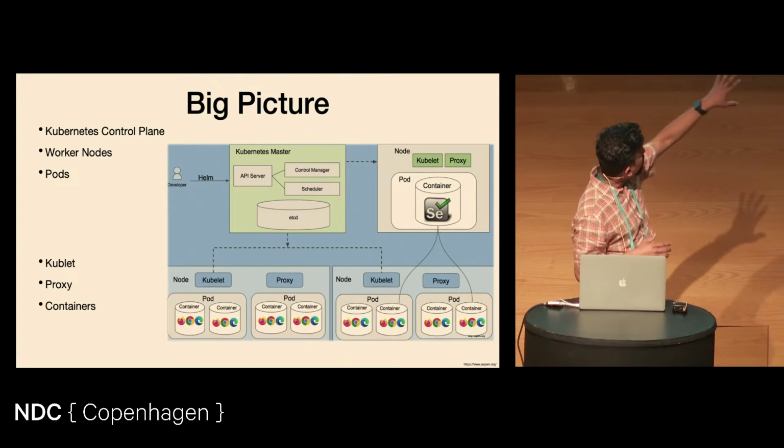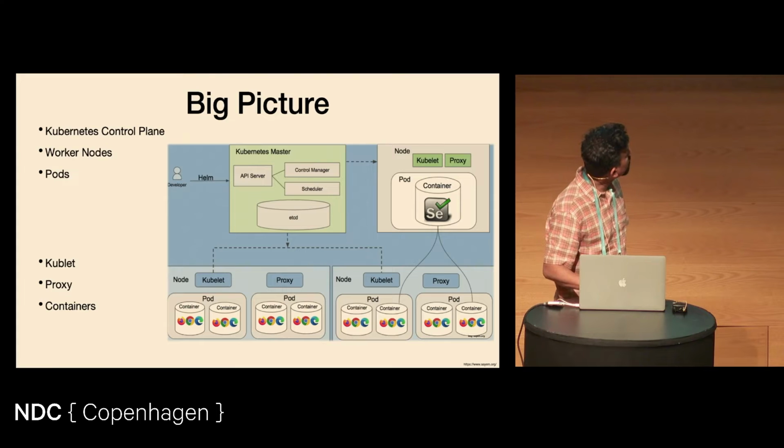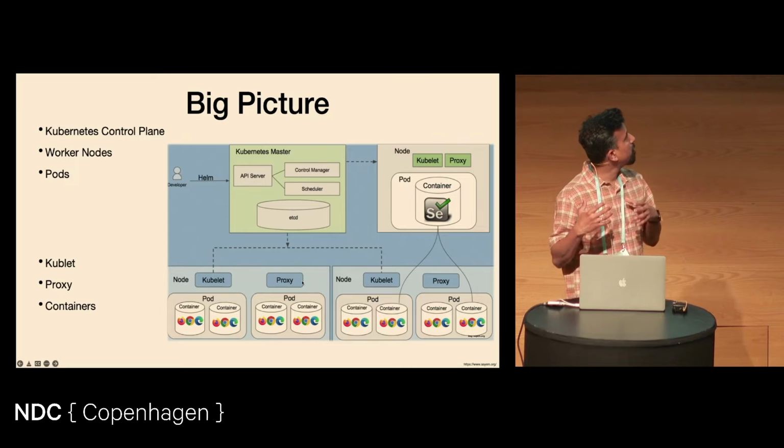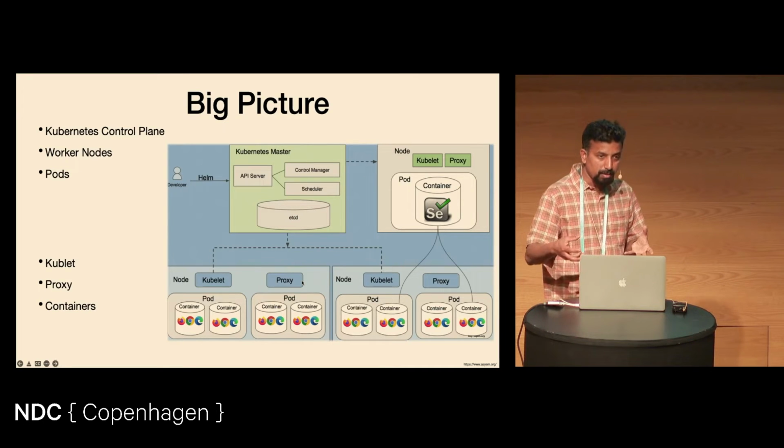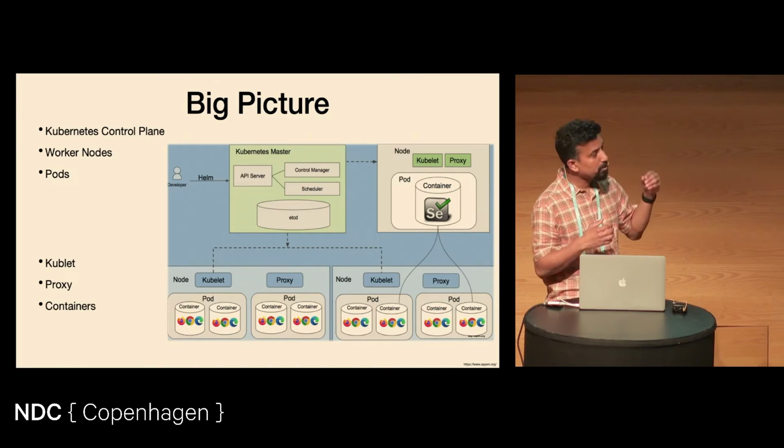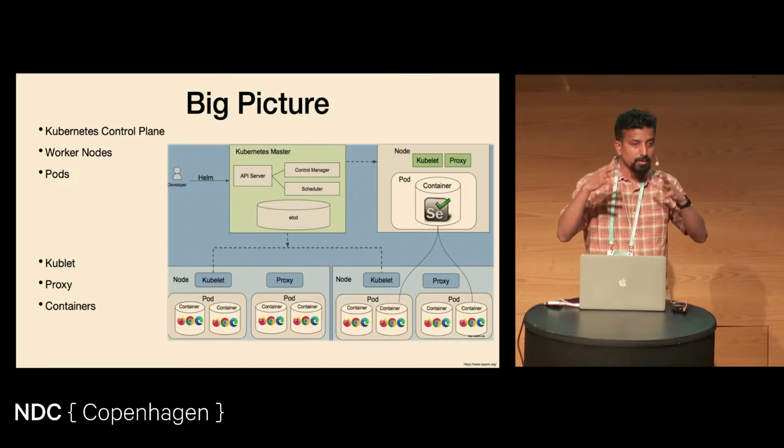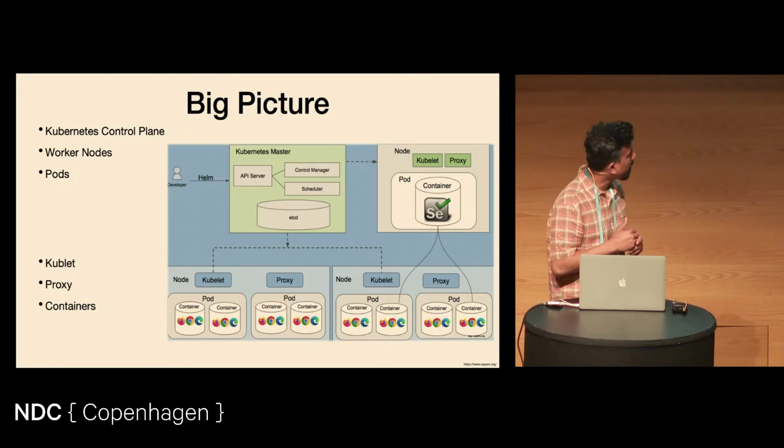And for every worker node, here you see two worker nodes, this is one and this is two, each worker node has default processes running: one is kubelet and one is proxy. Kubelet makes sure containers are running within the pod, and proxy makes sure that your network rules are respected.